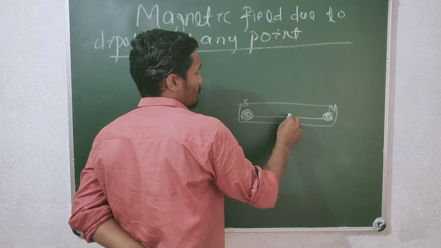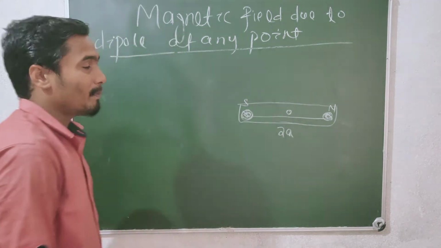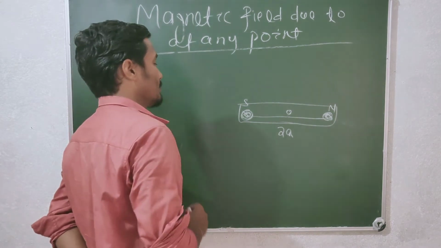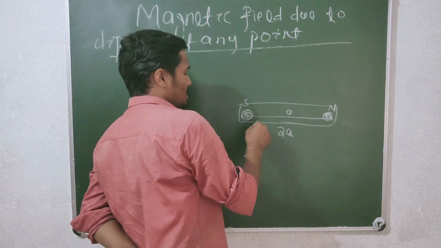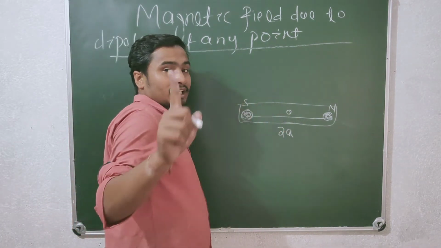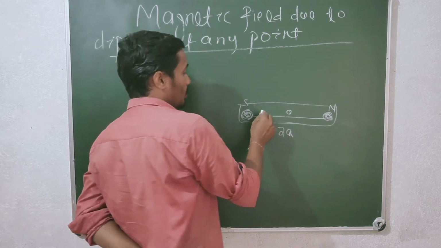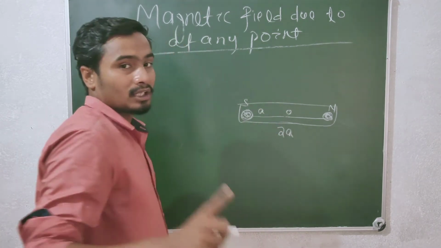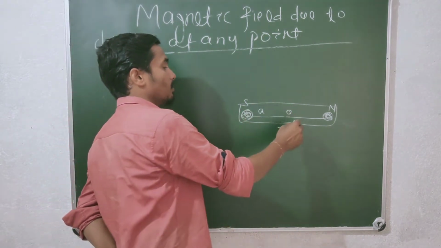Let O be the center of the magnetic dipole. So the distance from the center of the dipole to the south pole will be a, as well as the distance from the center to the north pole will be a.